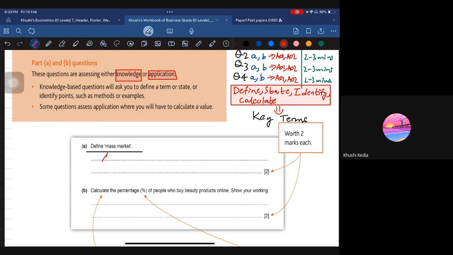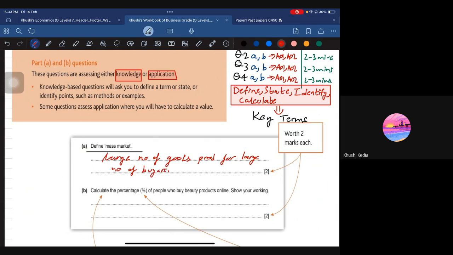I'm just writing a very common definition: large number of goods produced for large number of people, or large number of buyers and sellers.